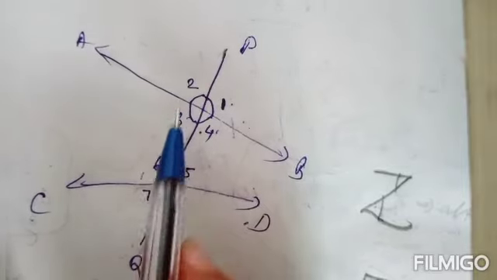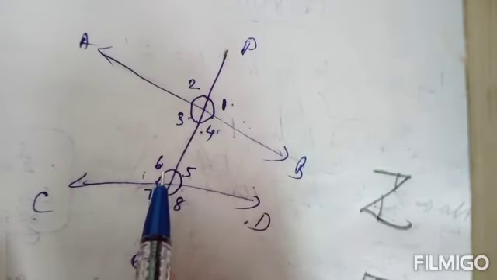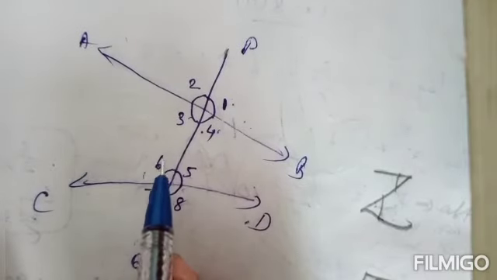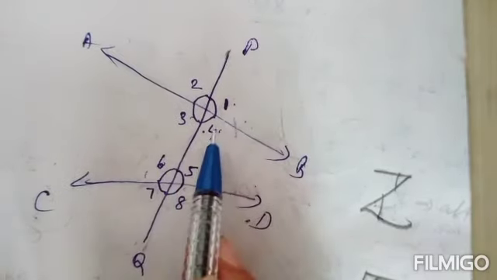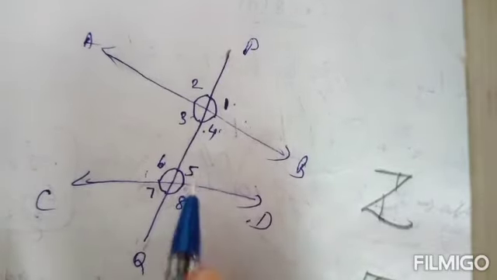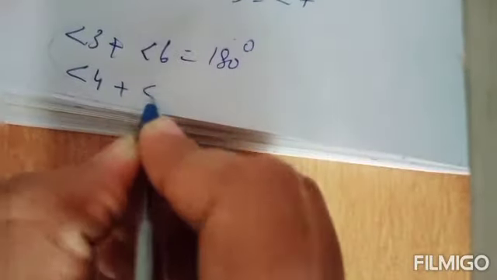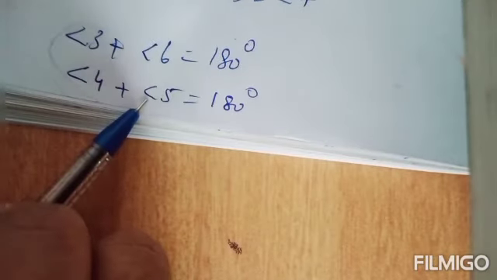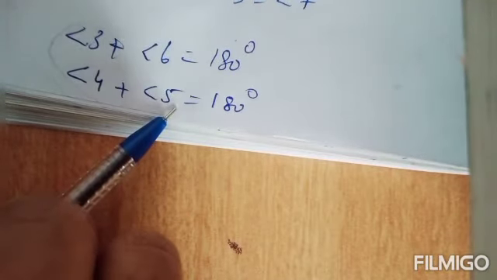That is, co-interior angles are supplementary; the sum of co-interior angles will be 180. Similarly, angle 4 plus angle 5 will be 180 degrees. Since co-interior angles are supplementary, the second pair, angle 4 plus angle 5, equals 180 degrees.